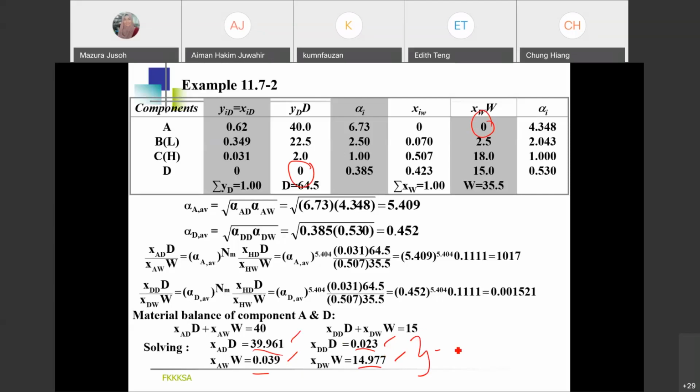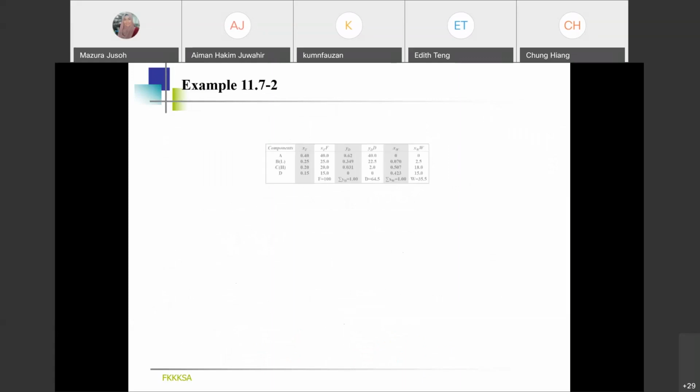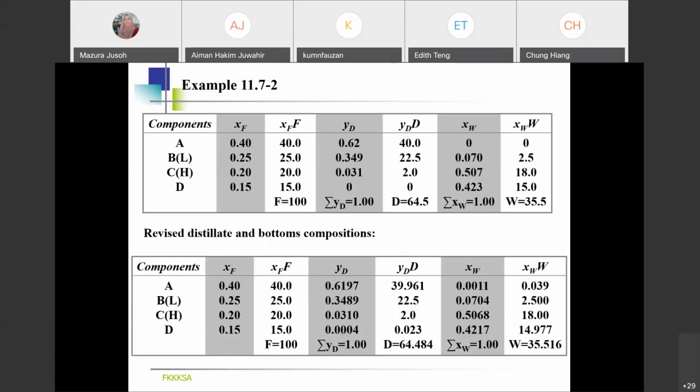From the flow rate, you can calculate the composition for each. Normally this is done when you already have the minimum number of stages. Before that, you cannot really calculate the actual distribution. Then you will revise the distillate composition or the flow rate.